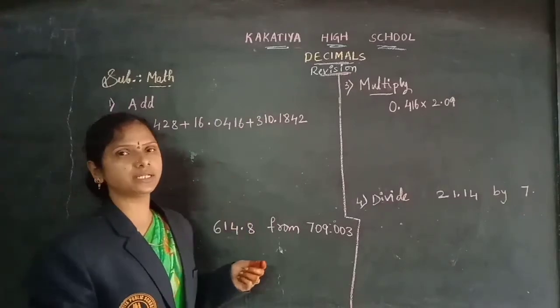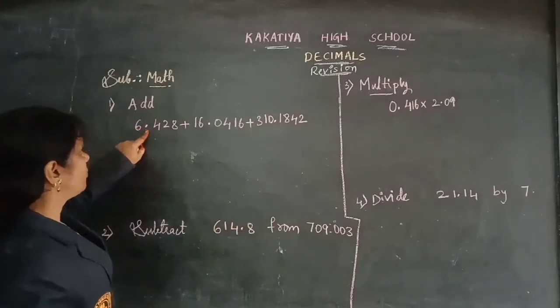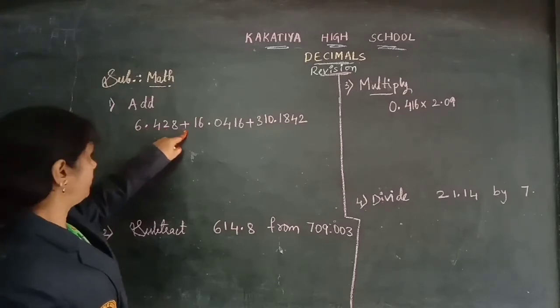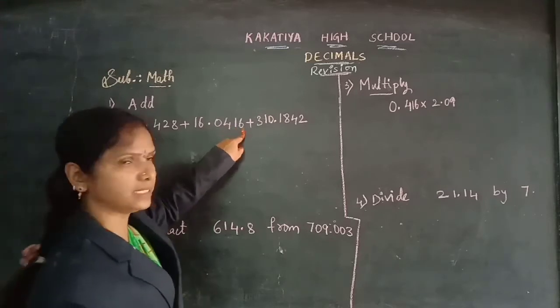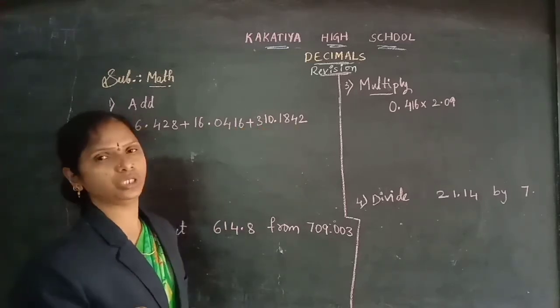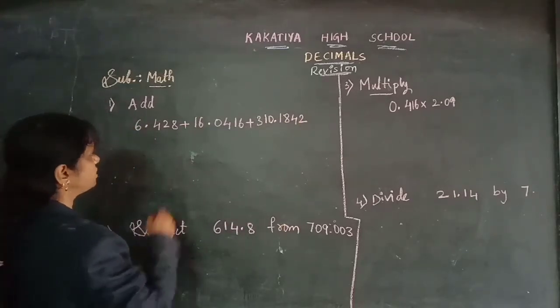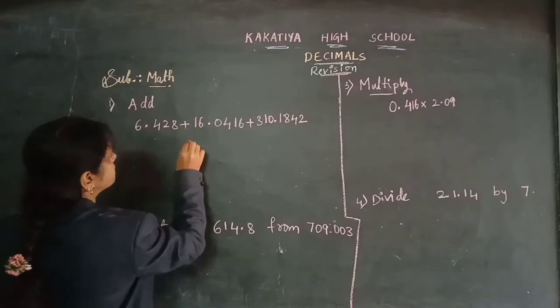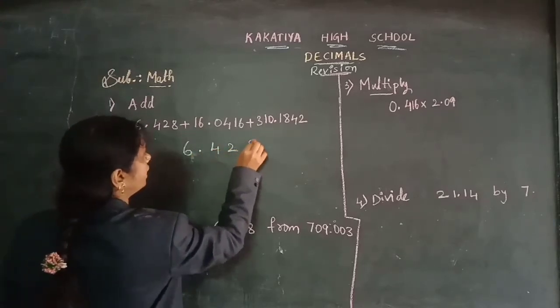Yes, have a look at this addition question, children. What is given here? 6.428 plus 16.0416 plus 310.1842, children. Now first you take the first number, children. Come on, let's arrange this in a column here. 6.428.